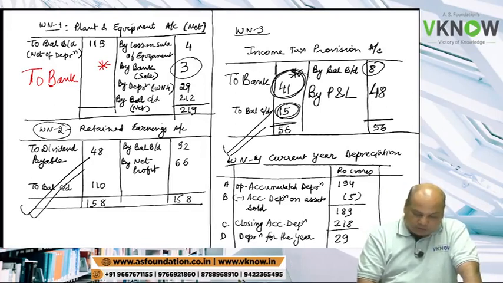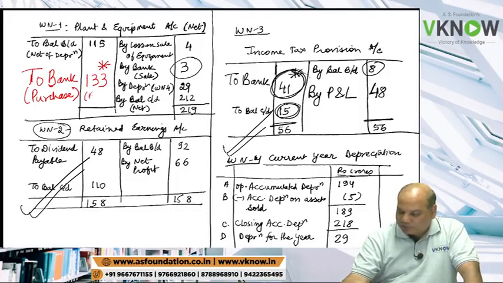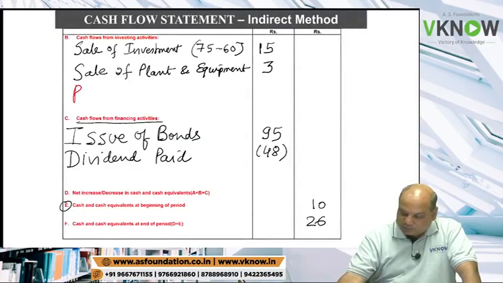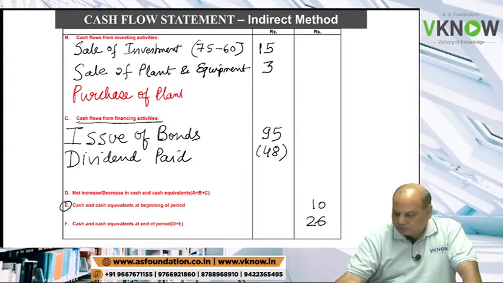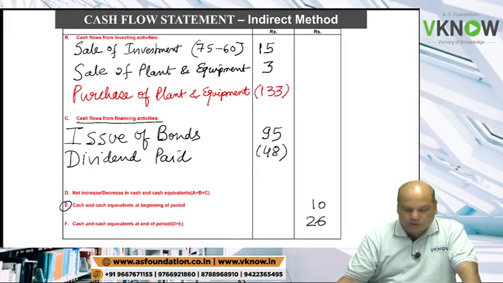I am getting 133, and that represents purchase, the balancing figure. 133 purchase you will write in investing activity: purchase of plant and equipment, 133 in bracket. All adjustments are over.